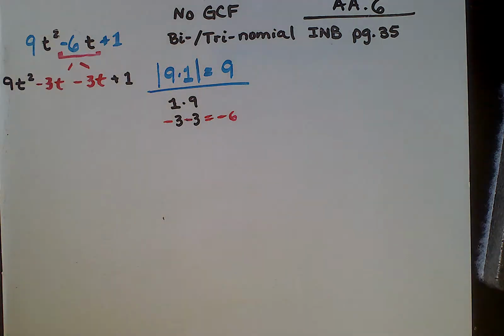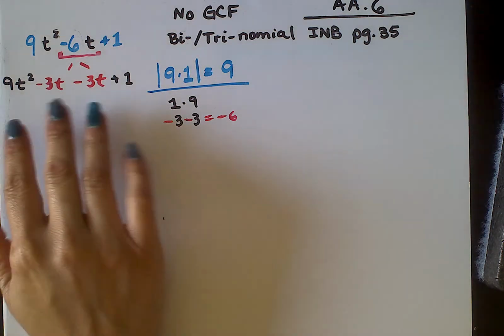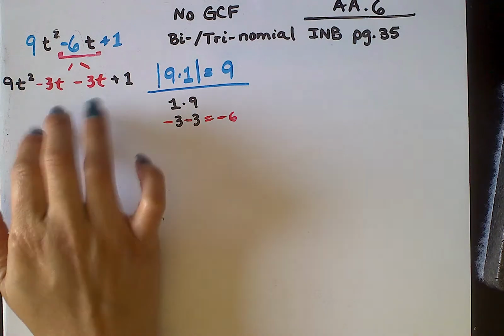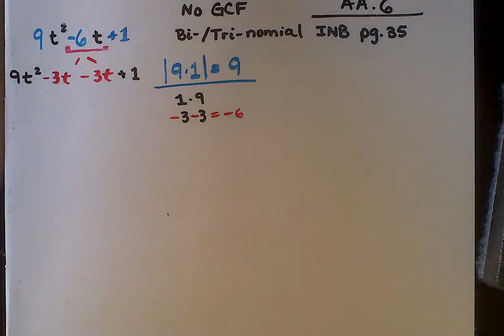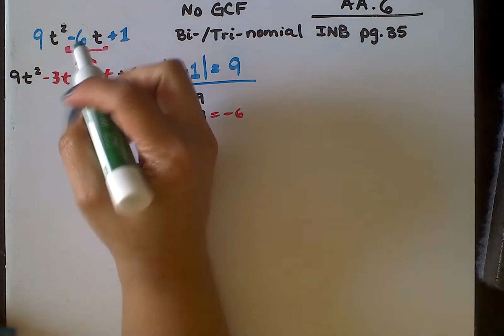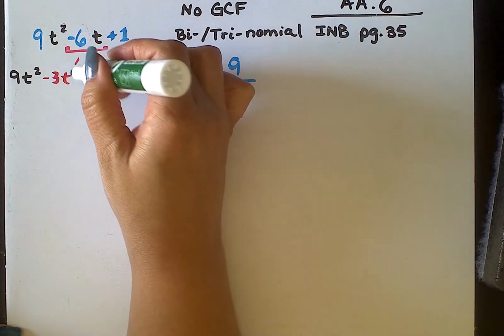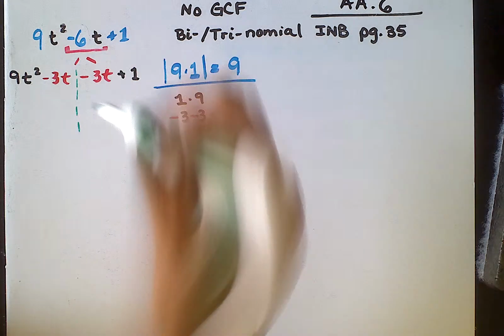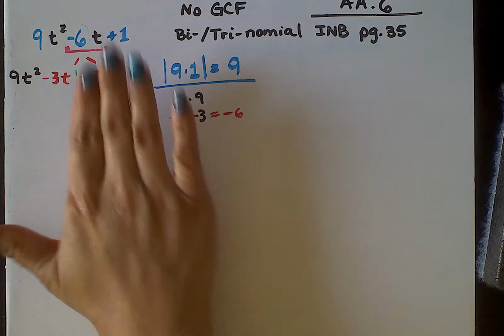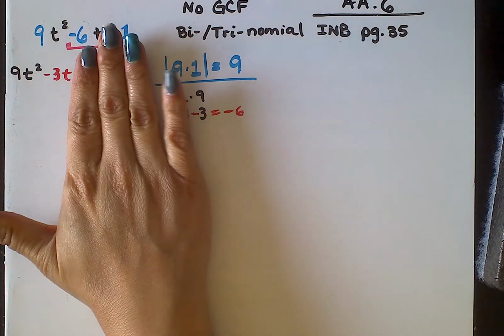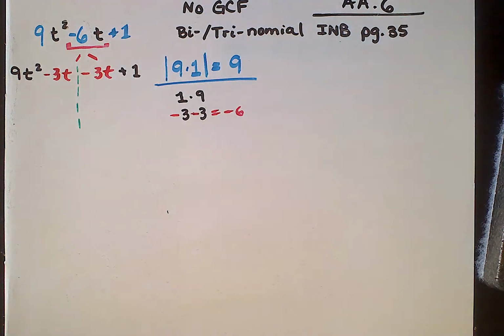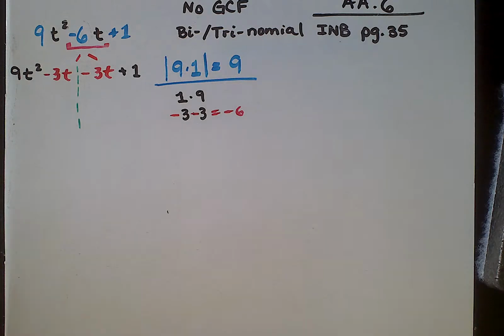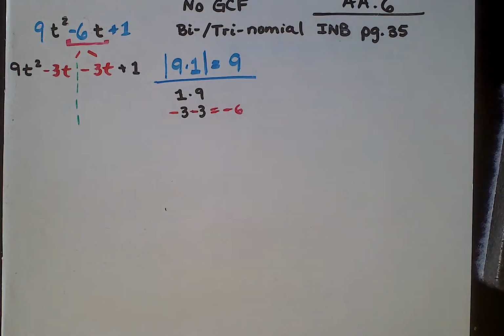Okay, so I'm going to take this new four-termed polynomial and split it down the middle. Now I get to take a look at the left side, which is 9t squared minus 3t, and I'm looking for a GCF, just like we were doing in our skill set double A1 and double A2.